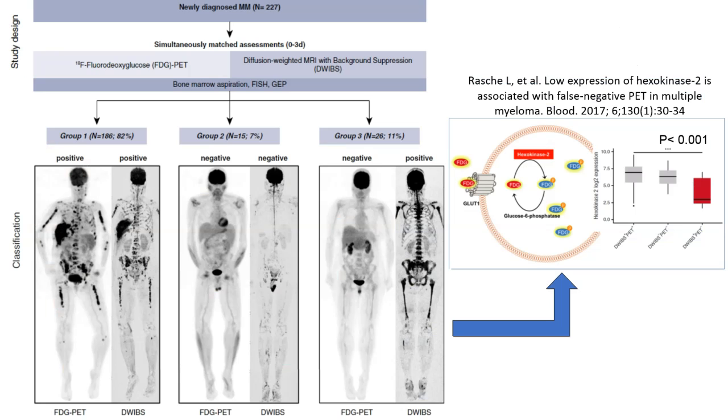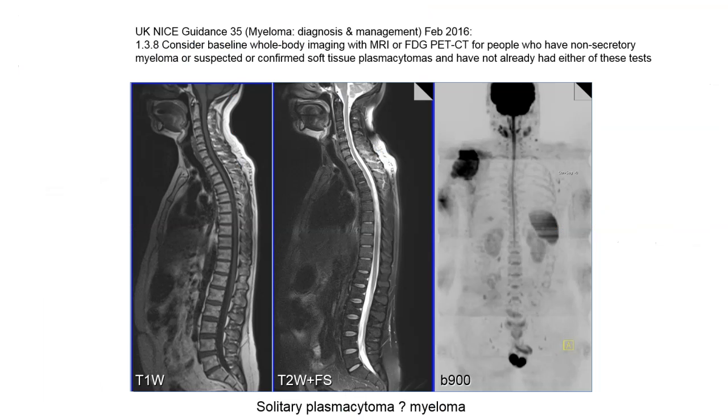And it turns out that there are about 10% of people who have a positive whole body MRI and a negative FDG PET scan, which is related to downregulation of the hexokinase 2 enzyme that results in this disconnection between what the PET scan shows and what the whole body diffusion scan shows.